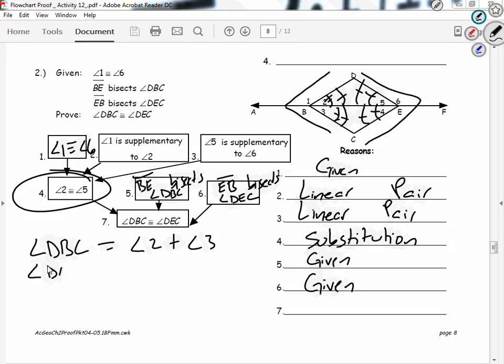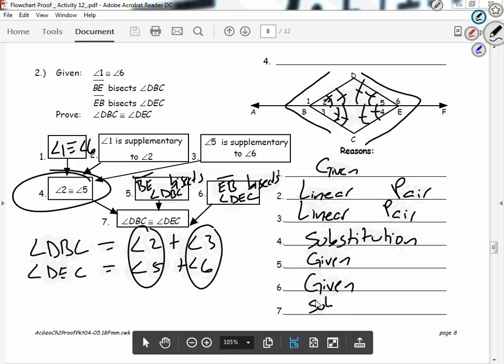Angle DEC is equal to angle 5 plus angle 6. I know 2 and 5 are equal, 3 and 6 are equal, then DBC and DEC are equal. Substitution. I didn't write it down for 7. Substitution.